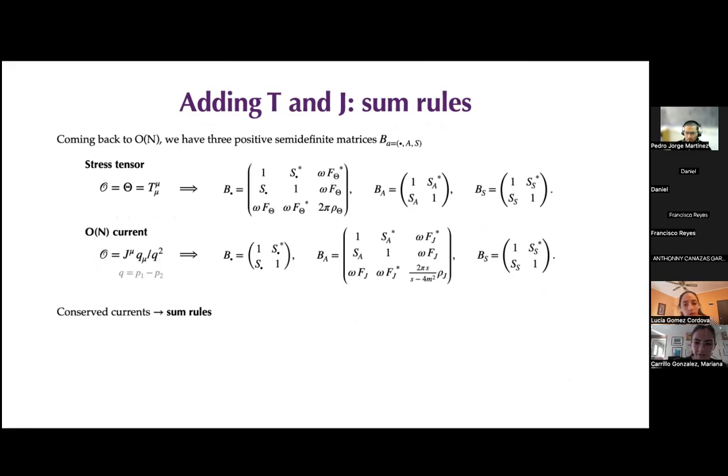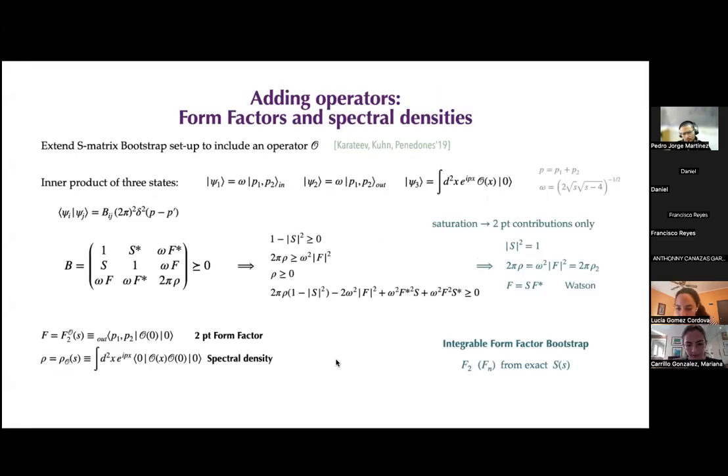Can I ask you a quick question? Yes. On the previous slide? Sure. So the form factor, well, I guess the second inequality that you have for the spectral density and the form factor, I guess I could understand it as from the saturation as if you put a complete set of states and the leading order would be the 2-2 scattering, and then any corrections will just make it larger.